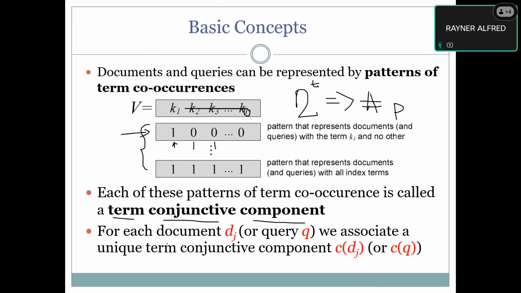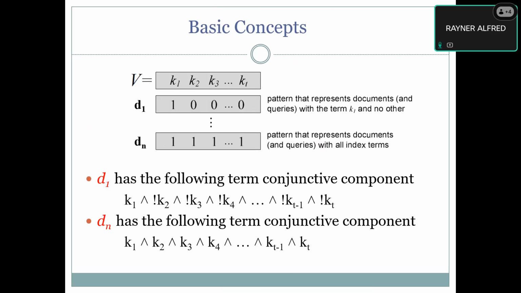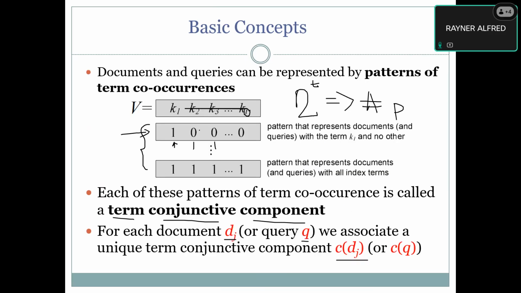For each document that we have or query, we associate a unique term conjunctive component, which can be represented as this. So when we have this, that means for all of these conjunctives we have n here, but this one must be not.